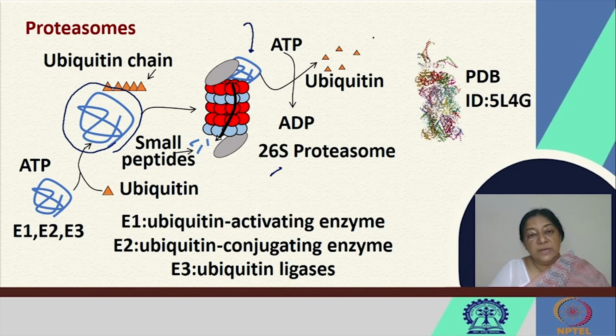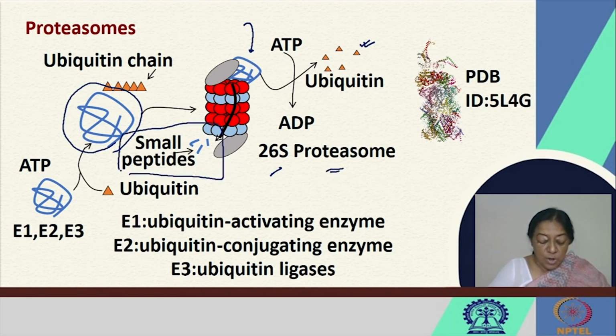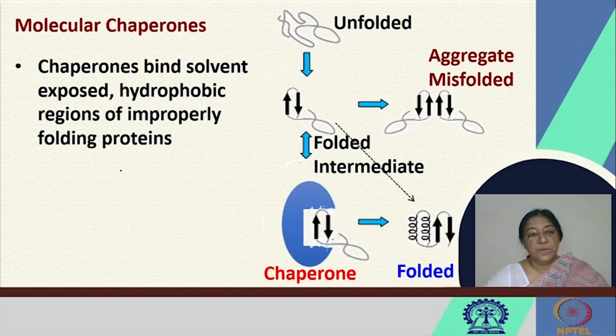In an ATP-involved process, it removes the ubiquitin, and the polypeptide chain in the proteasome is broken up into smaller peptide units. This is then utilized for other activities. But there is quality control here, not allowing the misfolded protein or the protein that has not folded correctly to go into the system.